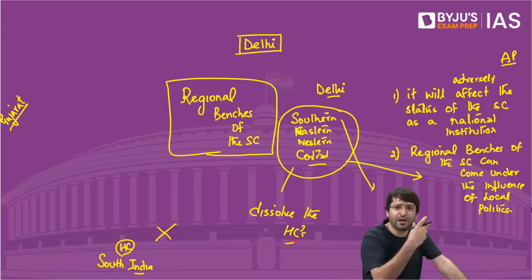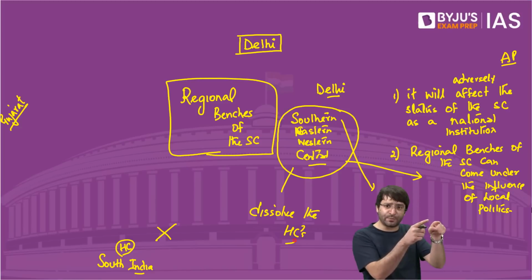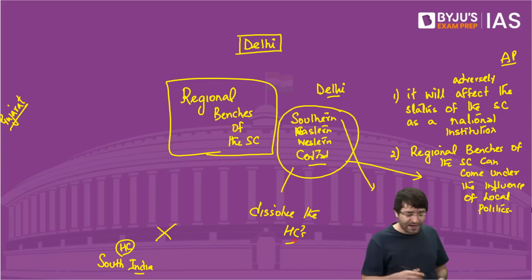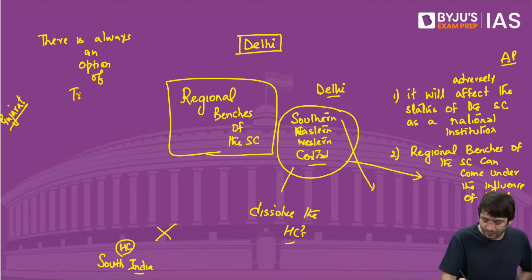There should be no high court in Bengaluru. There should be no high court in Guwahati, because all these high courts, just like a regional bench of the Supreme Court, can come under the influence of regional political parties. On top of that, there is always an option of transferring a case from one high court to another.